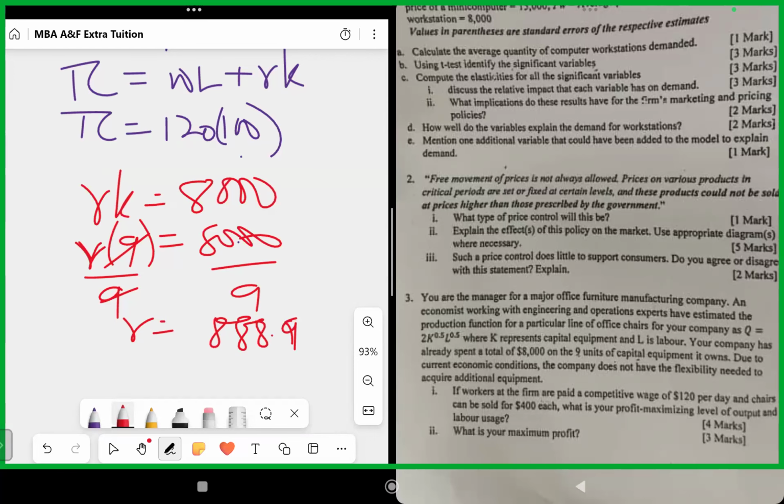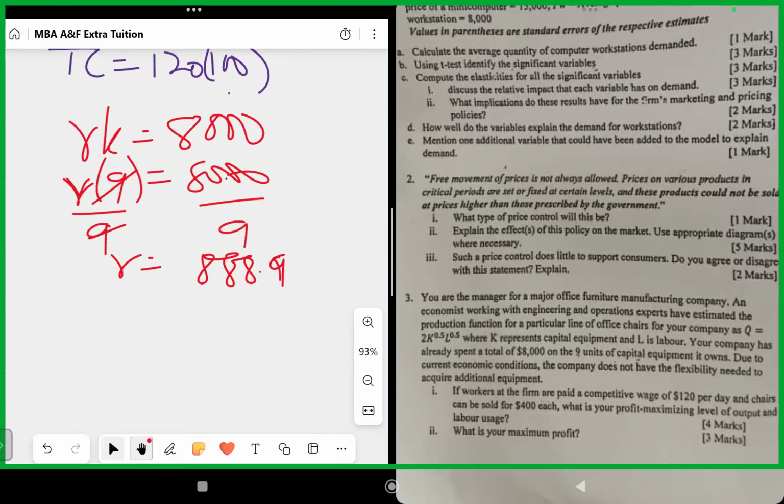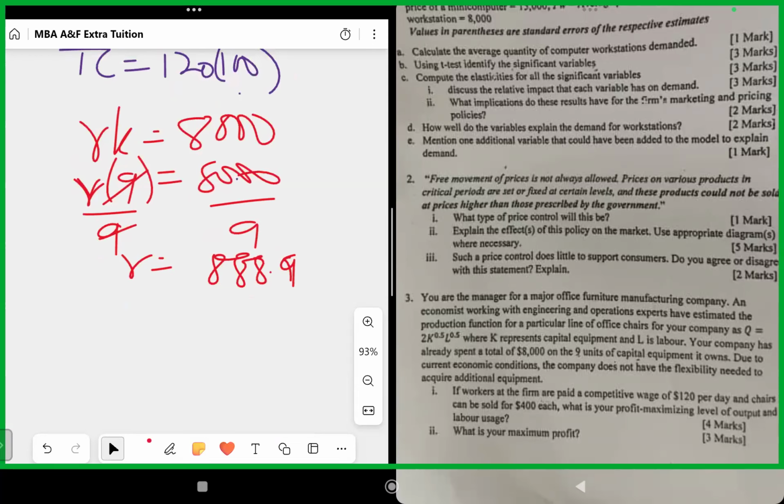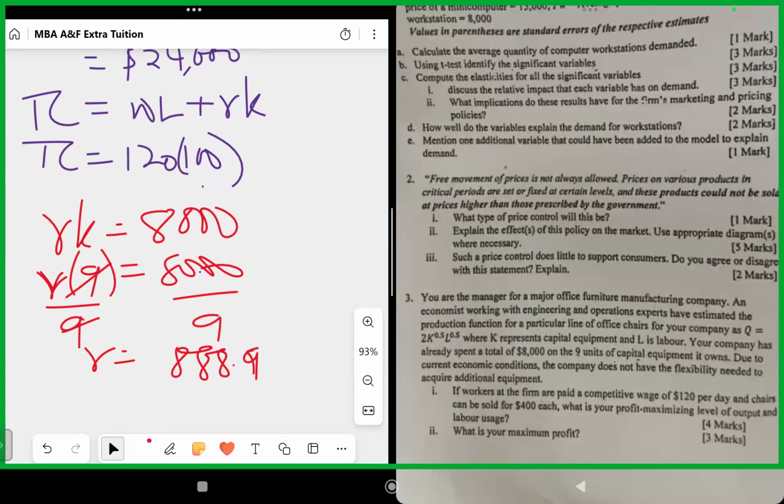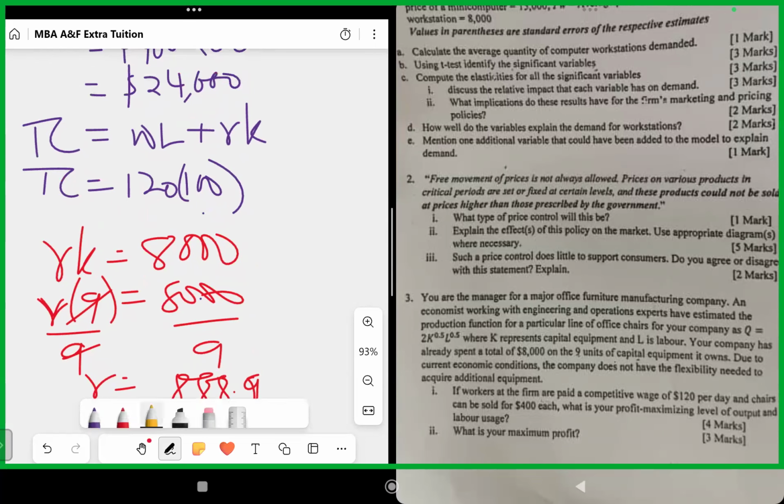But I just calculated the rate for us to know, and the question never asked us to find the rate. What the question wanted is the profit. So back to the question, the 120, which is the wage, multiplied by the labor, which is 100, plus, remember, both the R and K are all 8,000.